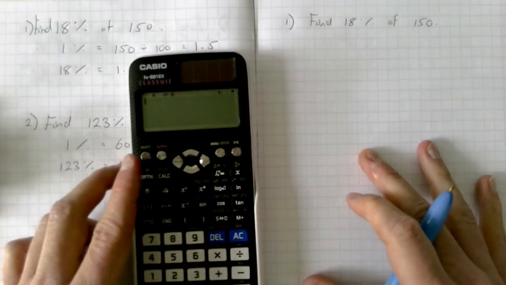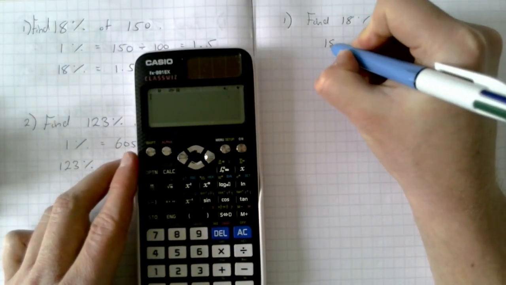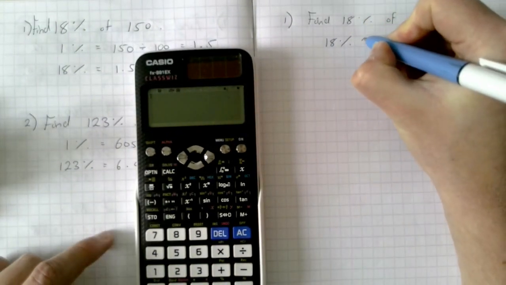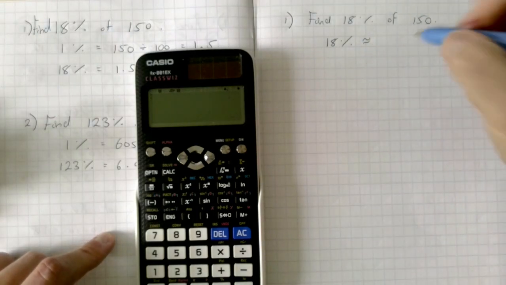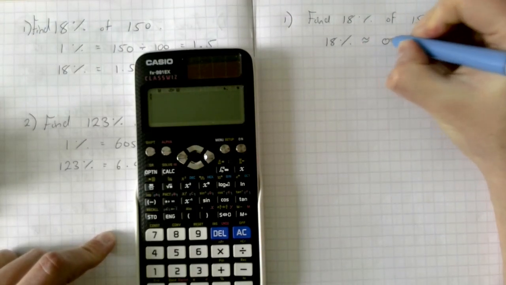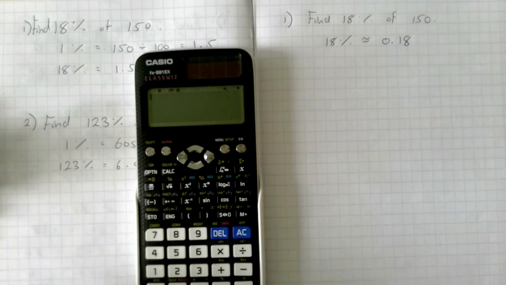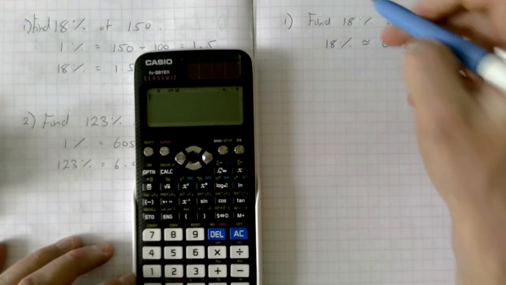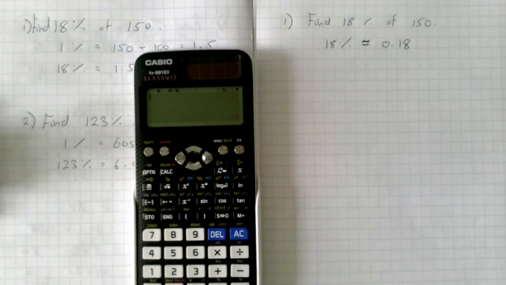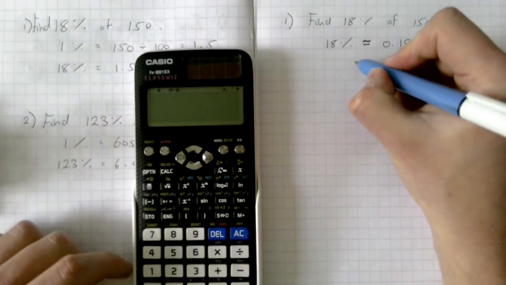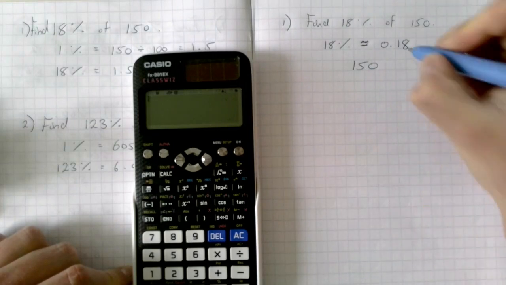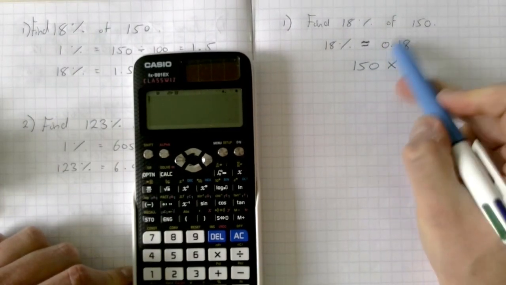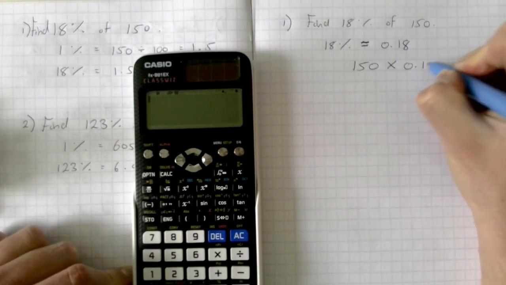Now what I'm going to do here is I could say that 18% as a decimal is the same as 0.18. So 18% is the same as 0.18, and all I need to do to find 18% of something is my original number multiplied by the decimal version, which is 0.18.